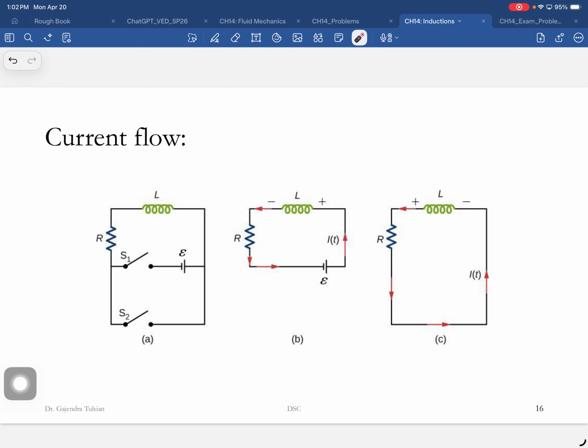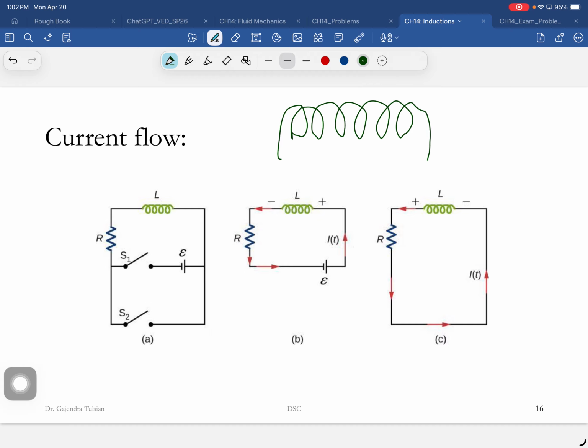Okay, and the energy stored in this guy is in the form of magnetic fields. Okay, a solenoid. You guys remember that when you have a steady current flowing through the solenoid, there's a magnetic field in there.